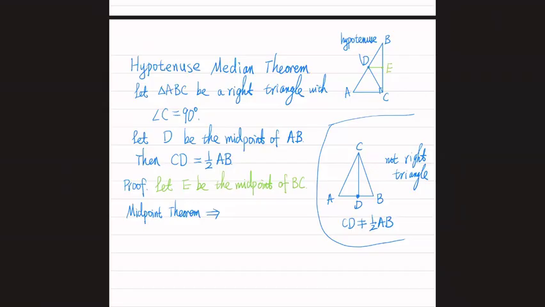There are quite a few conclusions. This is half of AB. This is half of BC. This is half of AC. Another one is that these two lines are parallel. So by the midpoint theorem, DE is parallel to AC.